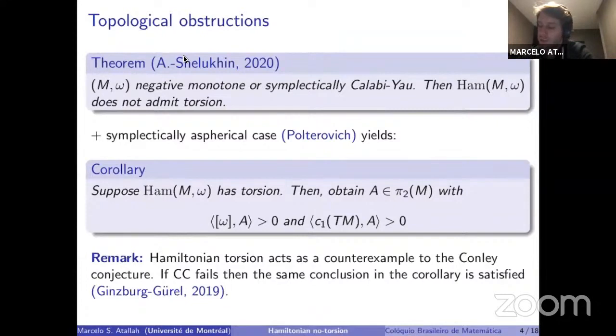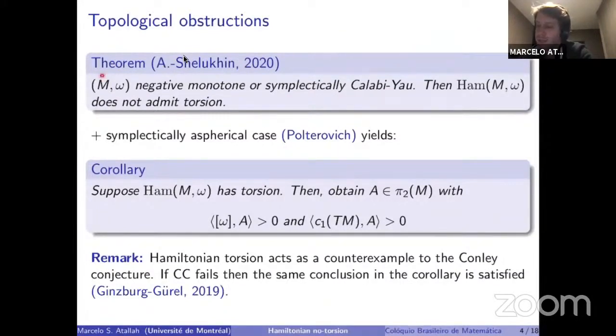And just to recall, negative monotone means that the cohomology class of the symplectic form is negatively proportional to the first Chern class of the tangent bundle over the spherical classes. And symplectically Calabi-Yau just means that the first Chern class of the tangent bundle vanishes over the spherical classes.